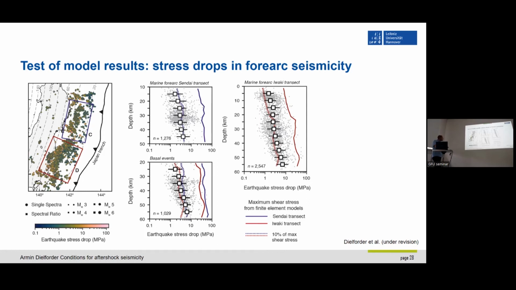We also looked at basal events, that are events that occur within 5 kilometers distance to the plate interface, because there we cannot say if they are on the plate interface or at the base of the forearc. So we looked separately at them, and we calculated the stresses at the base of the forearc, and we find again that there's a very good agreement between the stress drop values and the model stresses. So we think that our stress estimates are really robust and represent pretty well the conditions in the forearc.